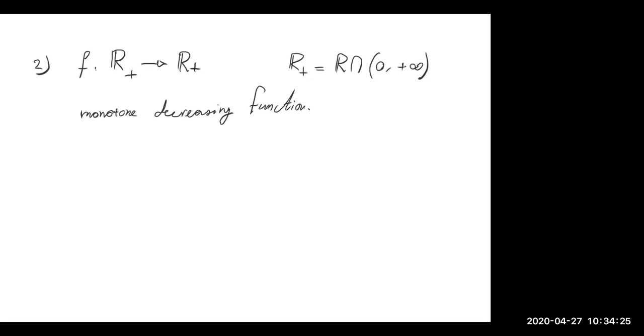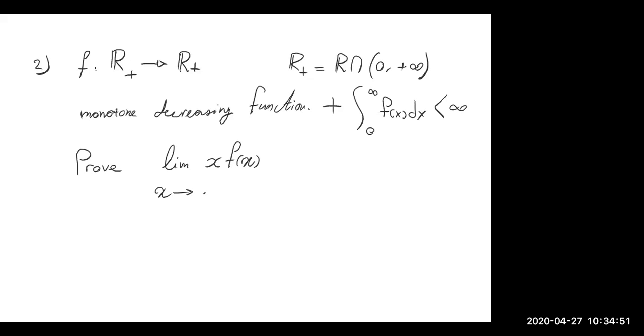Also, suppose we know that the integral of f of x dx from 0 to infinity is convergent. It converges, it's bounded. Prove the limit of x times f of x when x goes to infinity exists and is equal to 0. Okay, think about this question for a few minutes.